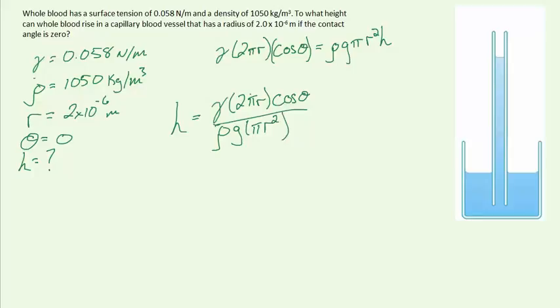We see that our pi's cancel out. We see our radius cancels out and we're left with one value for our radius on the bottom. And so we can plug in our values.